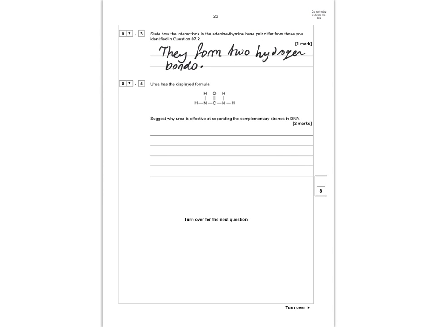Those of you who do biology know that if you look at base pairing in DNA, the backbone is sugar, phosphate, and sticking off the sugars are bases, which are adenine, guanine, cytosine and thymine.